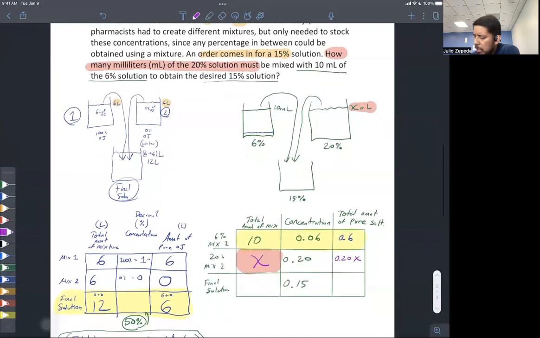Now, what else do we know? How many milliliters are going to be in this mixture? Well, you can see it from the picture. If I mix 10 milliliters and X milliliters into a third bucket, then I'm going to have 10 plus X milliliters of the final solution.